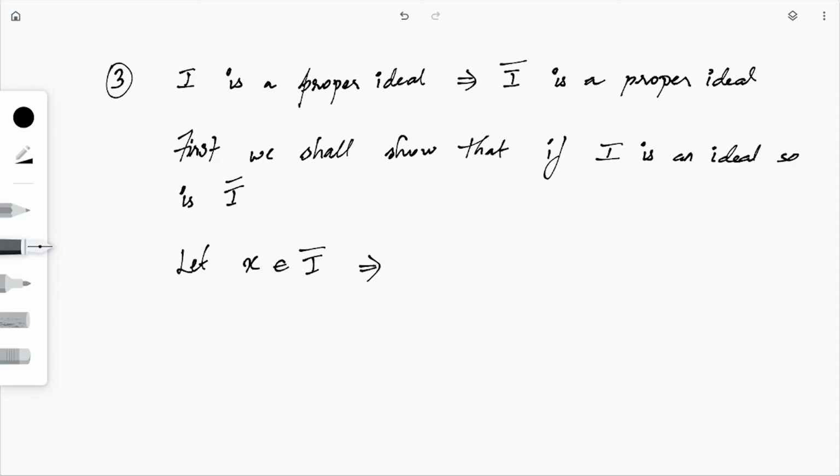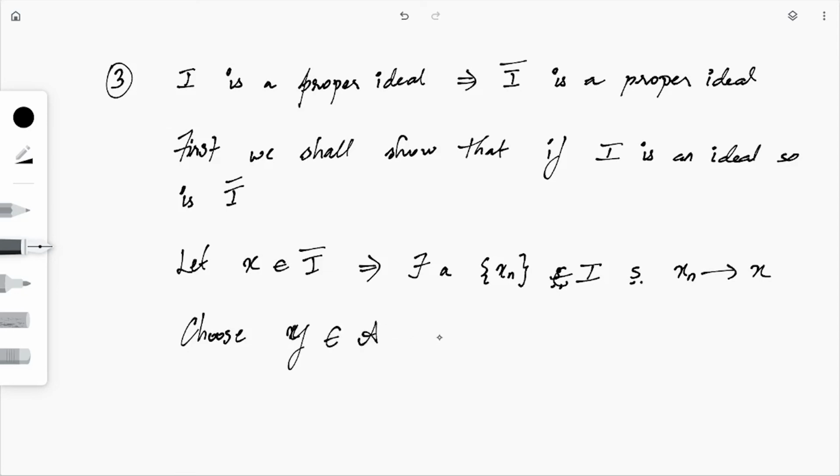By definition of closure, there exists a sequence, say xn, an element of I such that xn converges to x. Now xn is an element of I. I'm going to choose y to be an element of script A. This implies yxn is an element of I. And yxn converges to what point? yx, right?